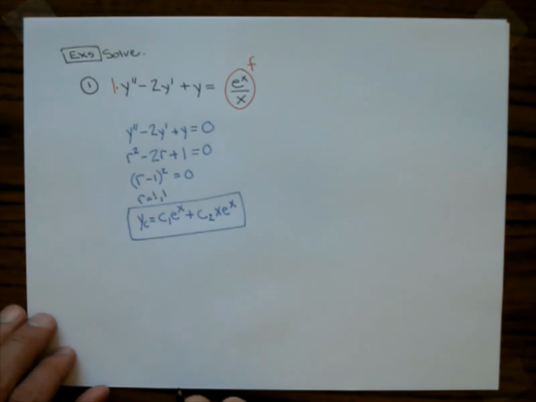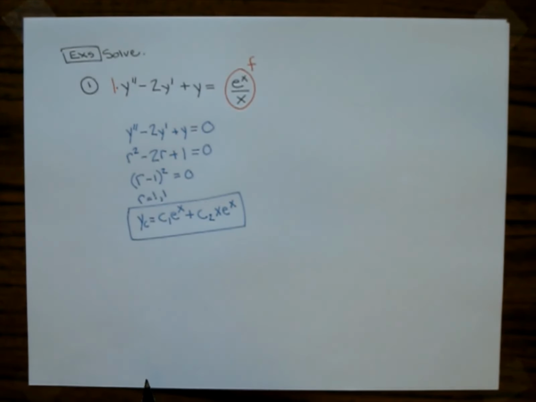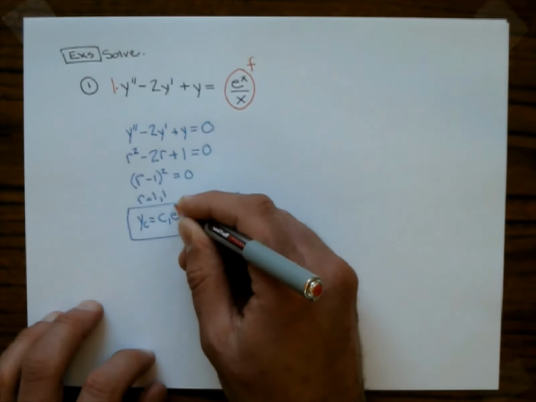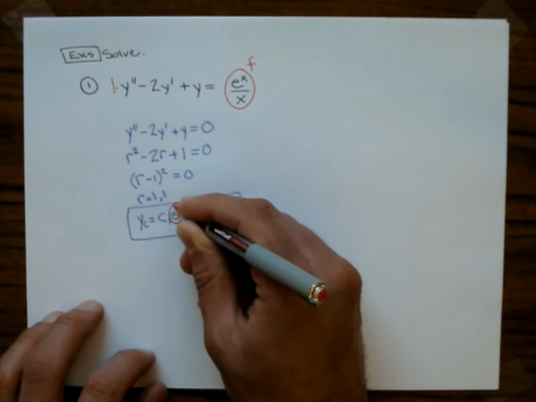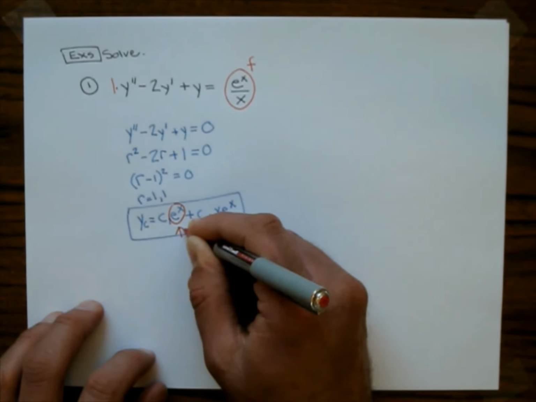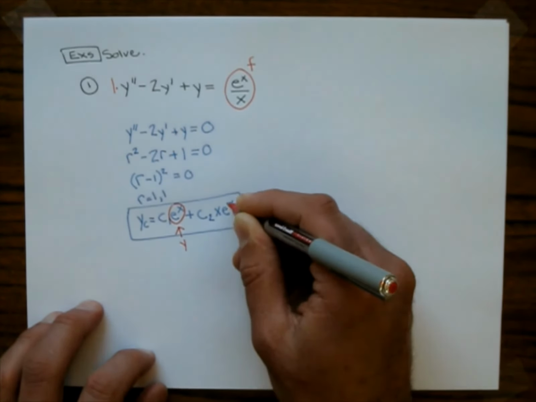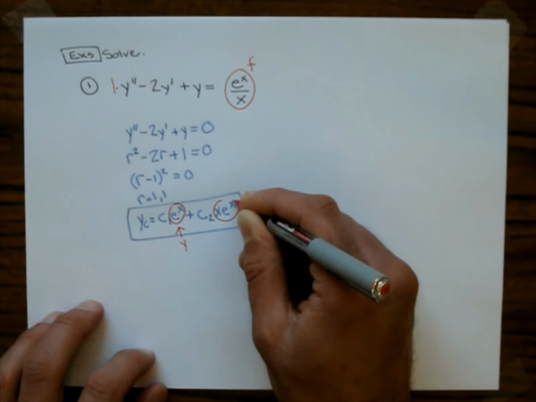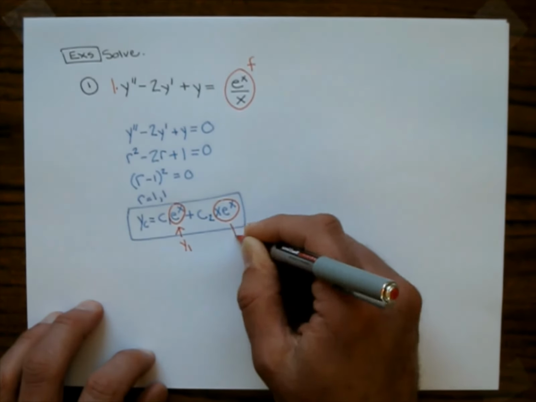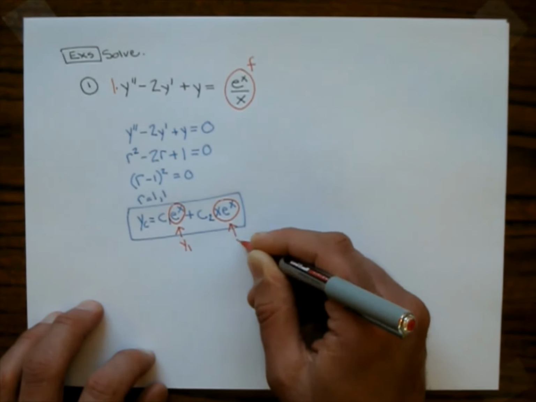Step 4 tells me to identify y1 and y2. So this guy right here is y1. This guy right here is y2.